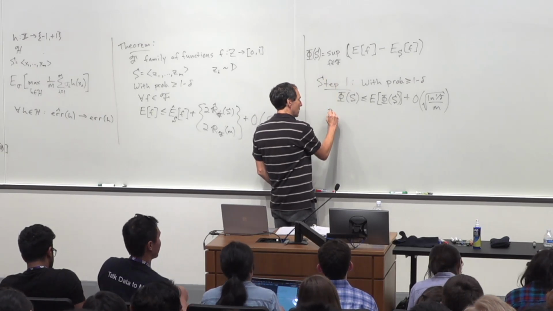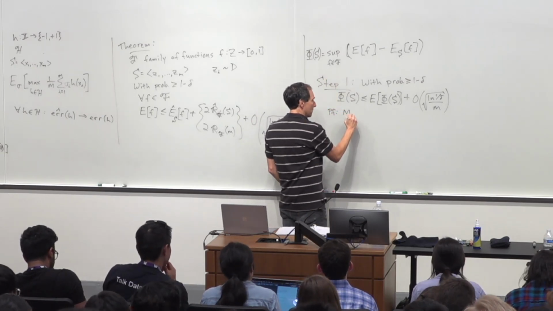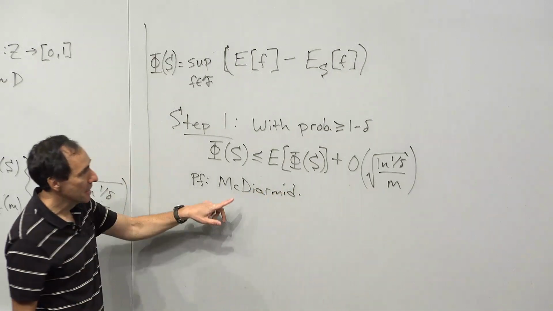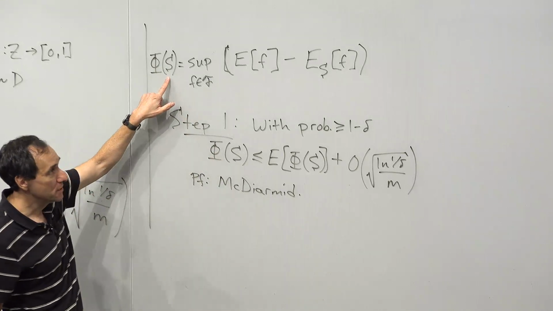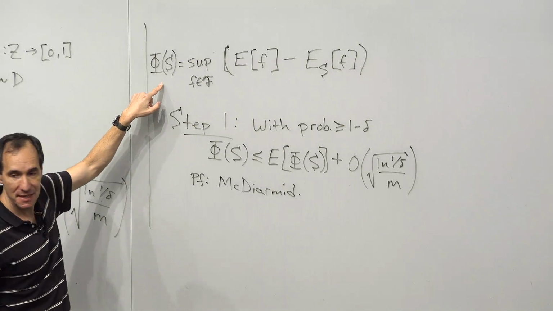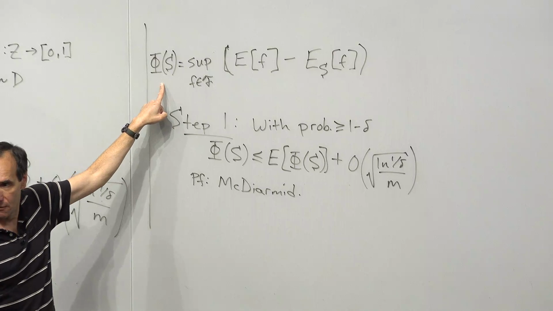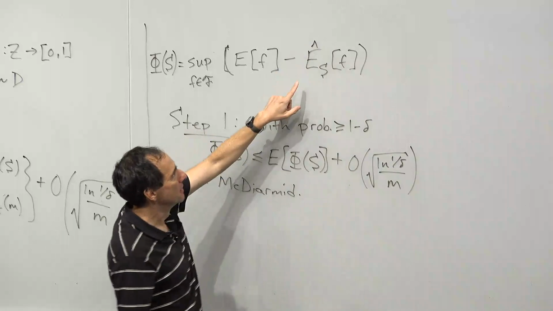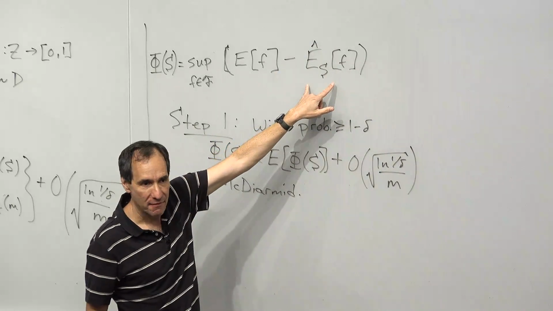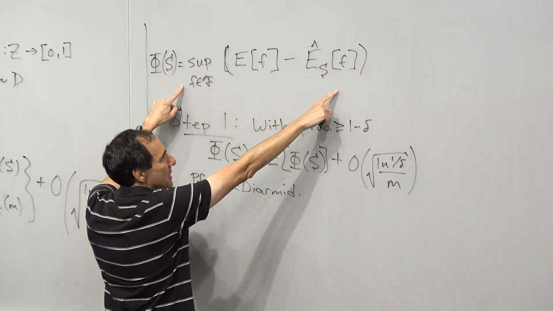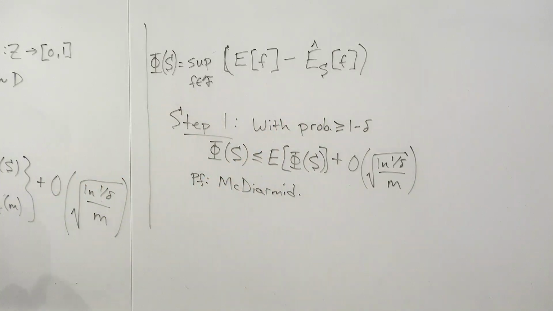And so I won't go through the proof, but the proof really is just directly applying McDiarmid. And the main step is showing that if you change one of these z_i's in the sample, the most that phi of s can change by is 1 over m. Oh, sorry, this was a typo. Because this empirical average changes by at most 1 over m, so this difference changes by at most 1 over m, and then when you take supremum, it still can only change by that much.